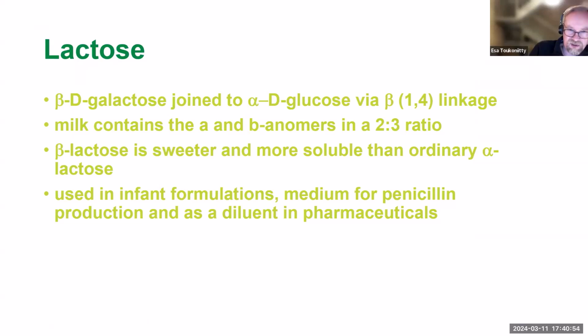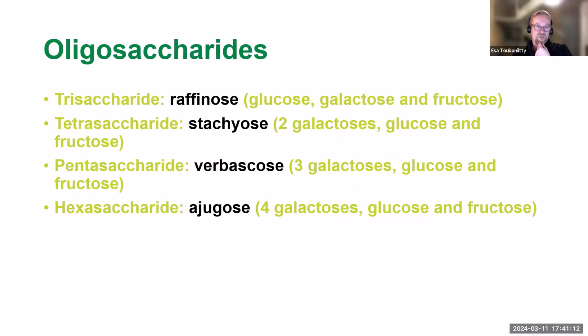Lactose, at least in Finland, could be called milk sugar. It's also made out of different monomer structures, galactose and glucose molecules. Then, like I said, there are thousands of these, so just a few names: raffinose, stachyose, and so on.